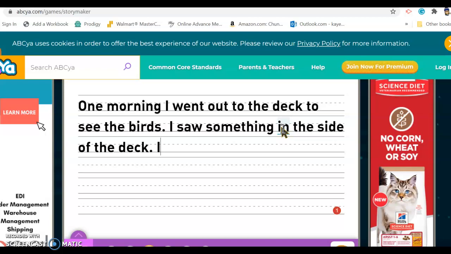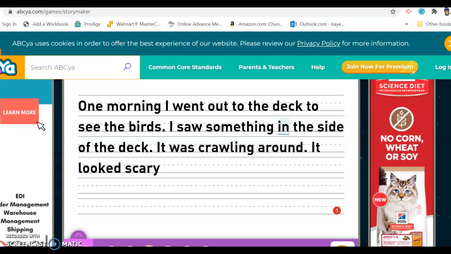It was crawling around. I saw something in the side of the deck. It was crawling around. It looked scary. I remember I said scary was one of the words that I used.